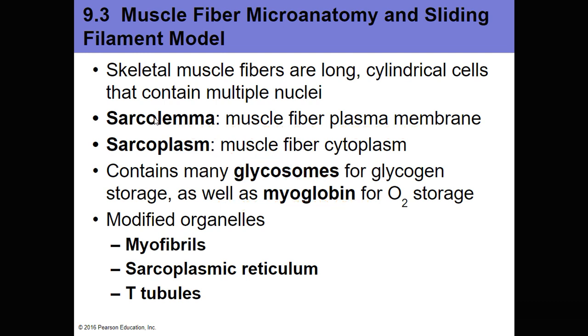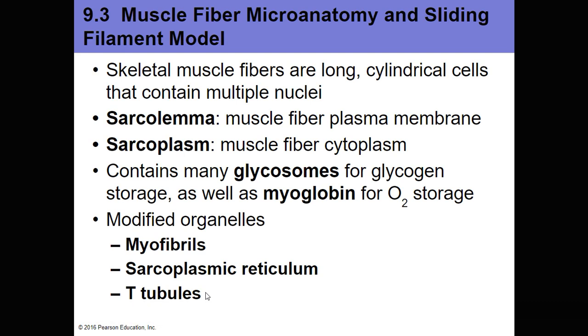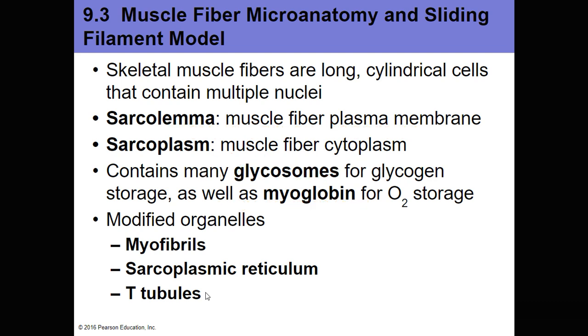The sarcolemma pushes down into T tubules, and those are important because when you are transmitting your action potential, your signal, within a muscle cell, the T tubules make sure that all the muscle fibers get excited. All right, so let's talk about each of these modified organelles in more detail.